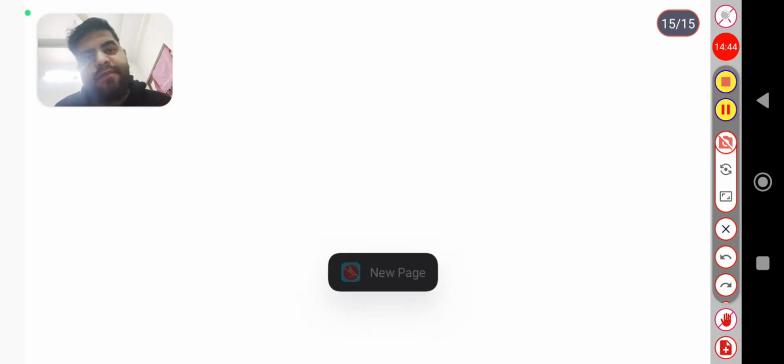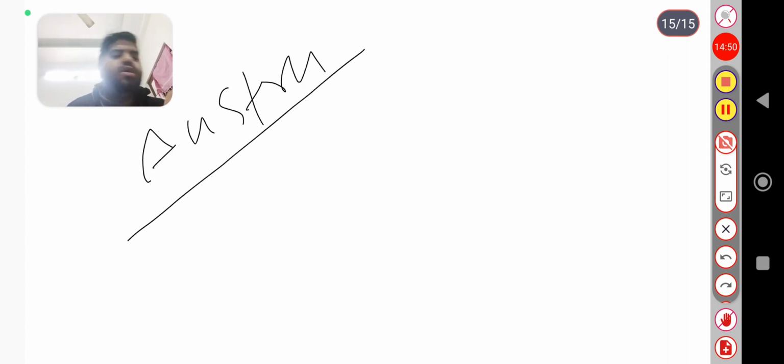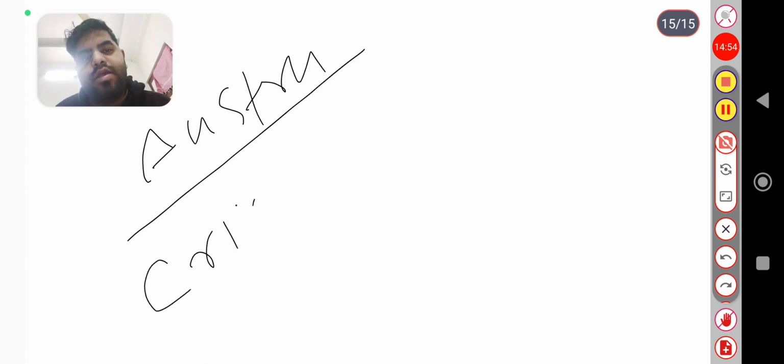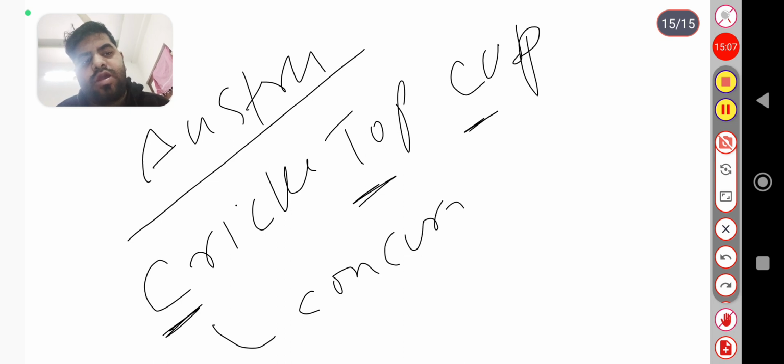Then we move forward to last country, that is Australia. So Australia we related with cricket, top cup, C for cricket, T for top, and C for cup. So for C it is concurrent list.